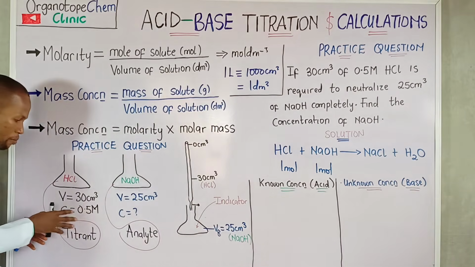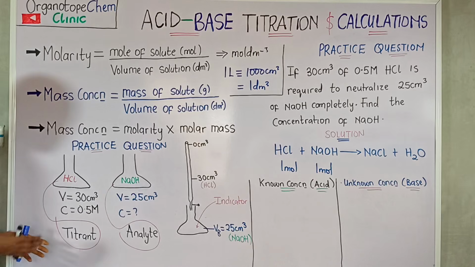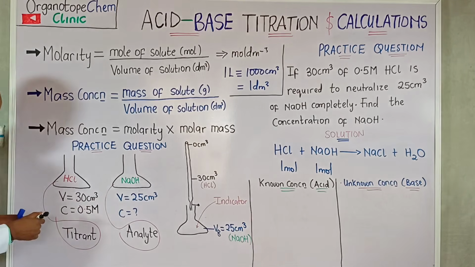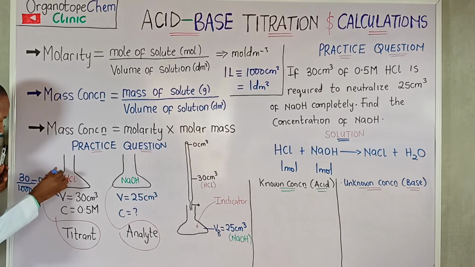From the diagram right here, the volume of the acid used up during titration is 30 cm cube. So we are expected to convert the 30 cm cube to dm cube: 30 divided by 1000. So we have 0.3 dm cube of acid.